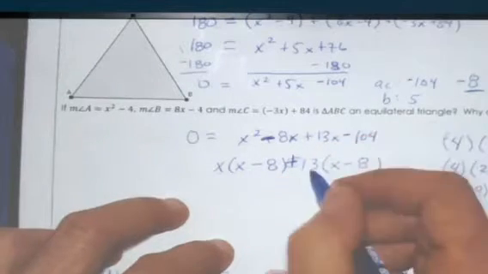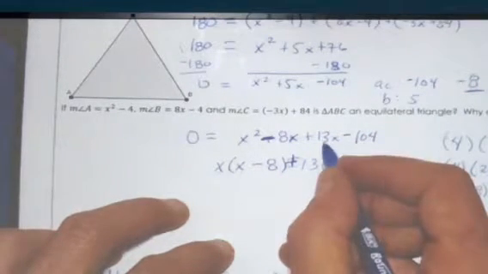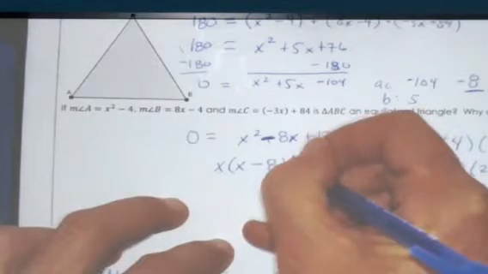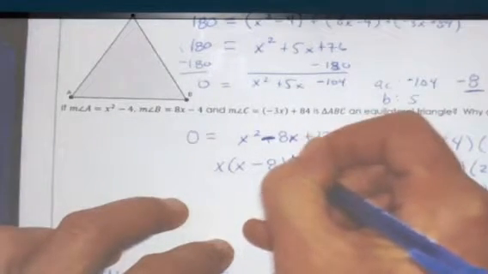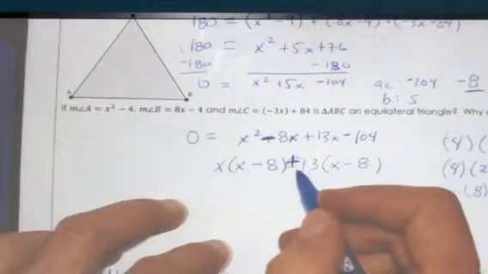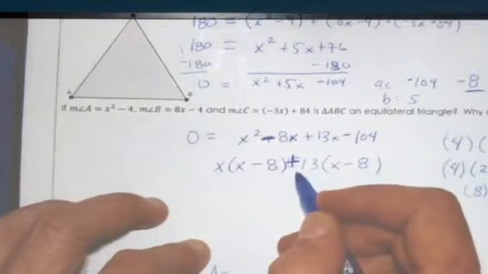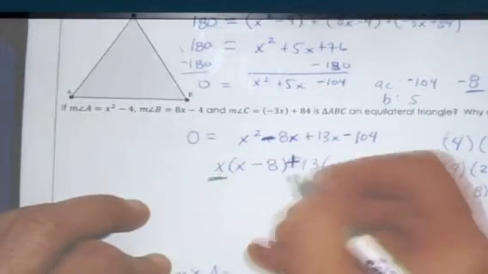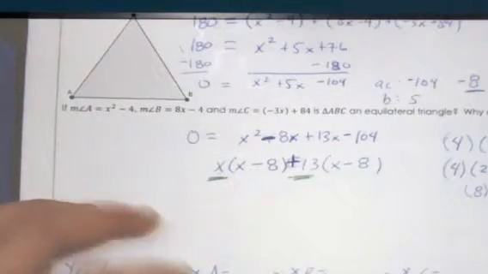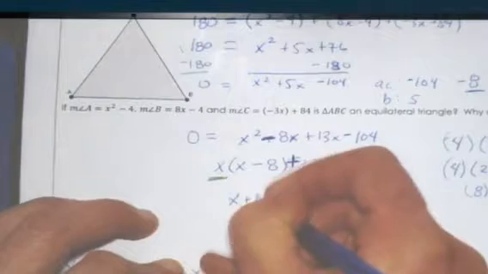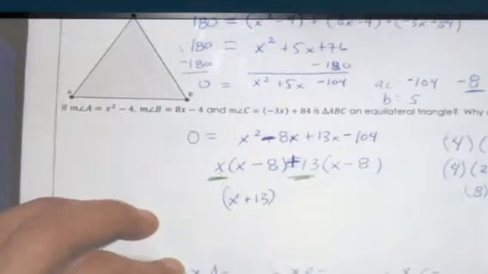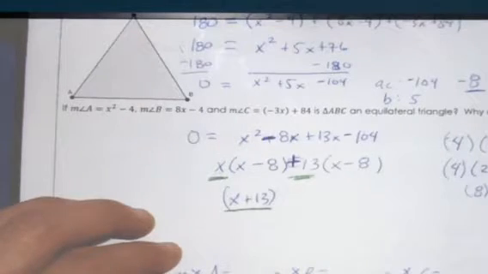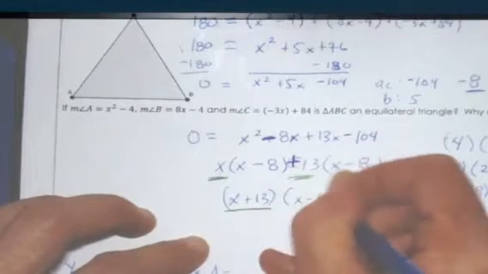So positive times positive is positive, and positive times negative is negative. I need this plus sign here, because this plus sign is telling me that one of my factors will be, from the outside, x plus 13. Now from the inside, x minus 8.